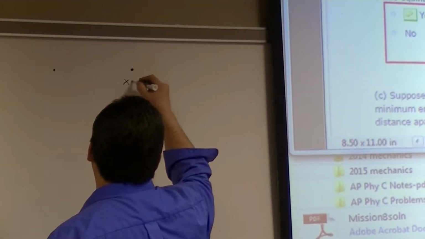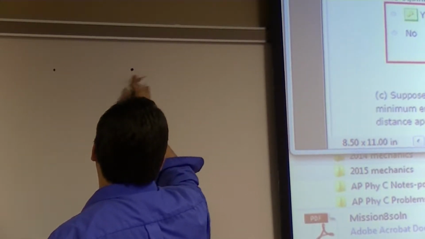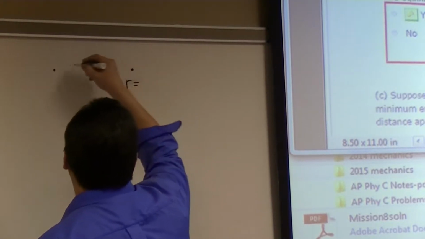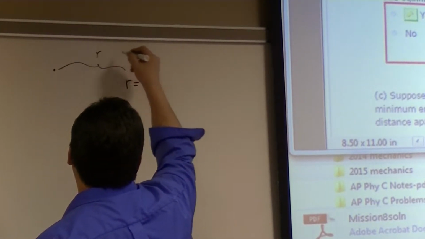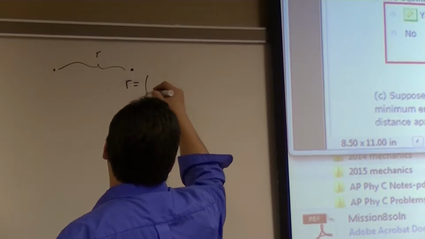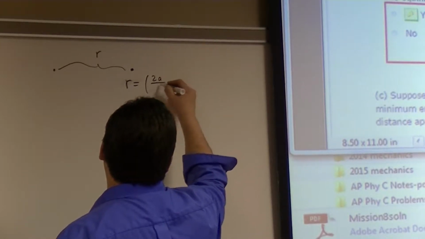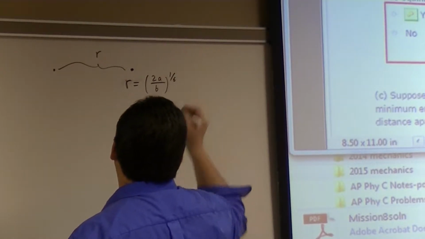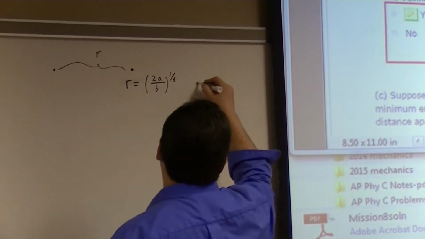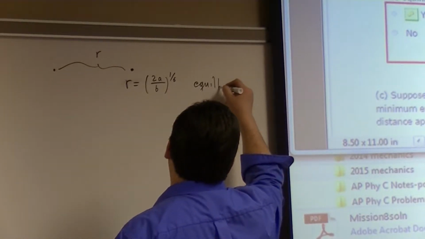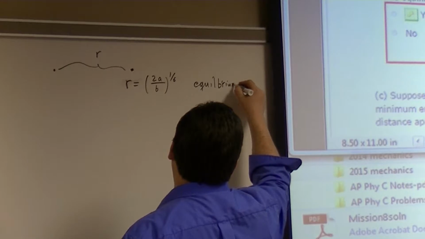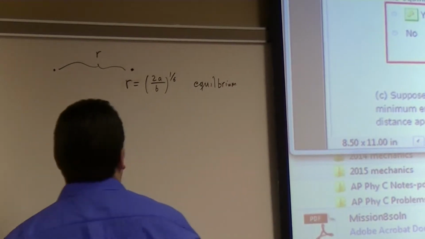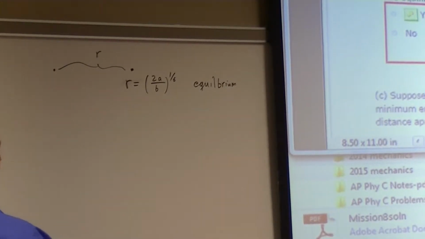R is equal to, what would we say, the sixth root of 2a over b, is that it? Okay, so that's the equilibrium position. And so they're asking us how much more energy do we need to add to the system in order to disassociate them, right?